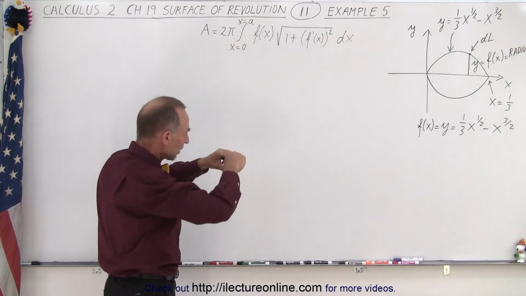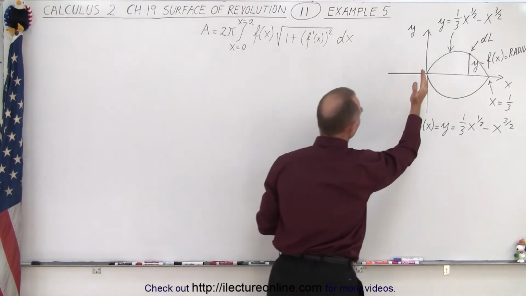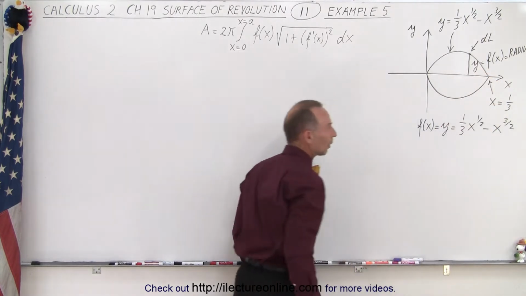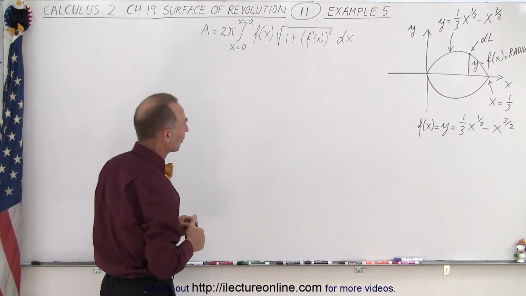And of course when you multiply it, you get the dA, and then we integrate it over the entire distance from x equals 0 to where the curve meets the x-axis, where x equals 1/3. So in this case a is equal to 1/3 because we wrote the general formula up there.